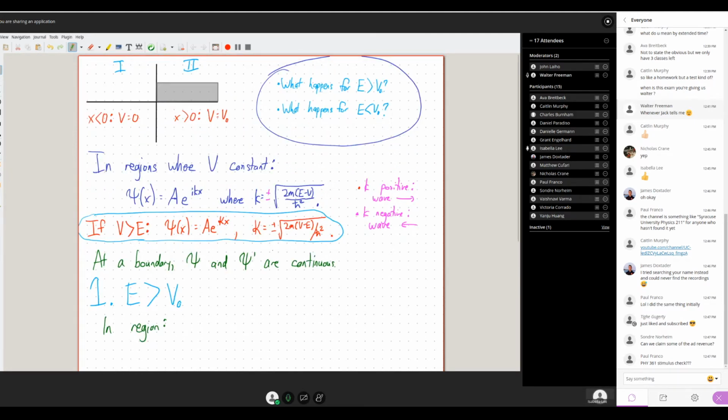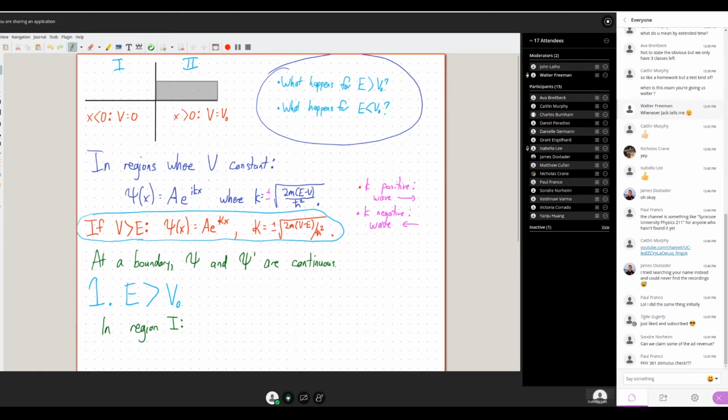So even though kinetic energy is negative in V greater than E, it's the previous one that has the imaginary component to it. Yes, because of this i here. Think of a complex exponential producing oscillations, and oscillations are what you get for a particle traveling through the air.